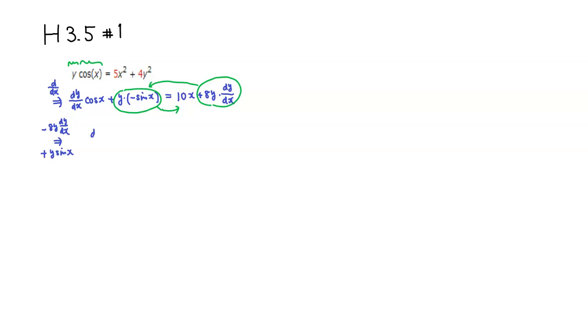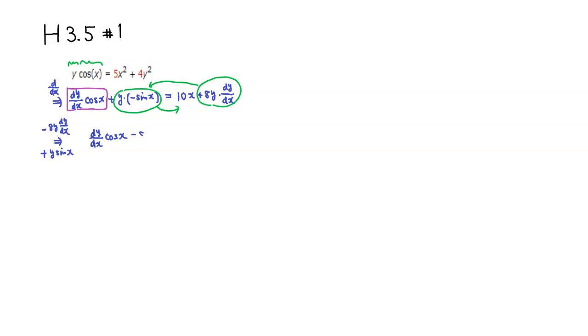So we have dy over dx times cosine of x, which is already on this side, so we took care of this.